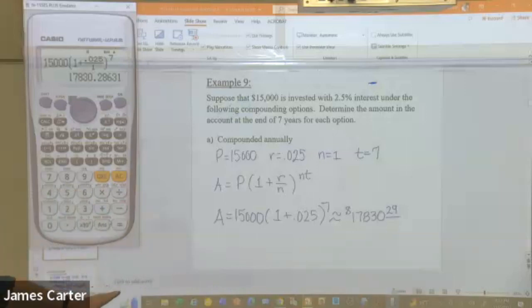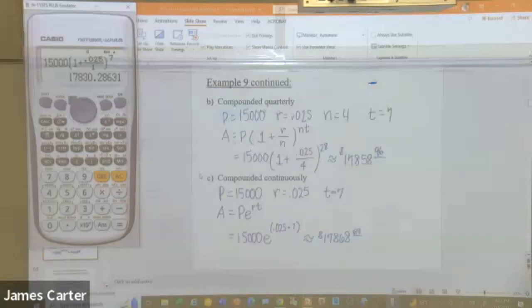You've got to know that it's a rounded value. Never mind, I get it. Did that answer your question? Yes. Okay, so anyway, you see how you do this. Let's go to the next one.